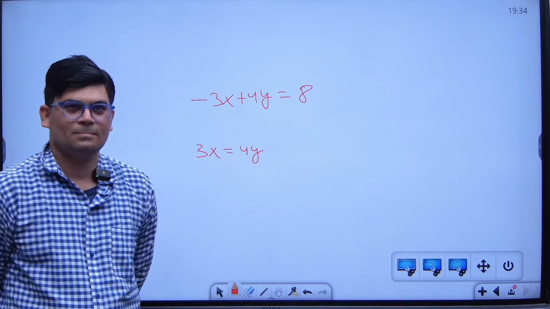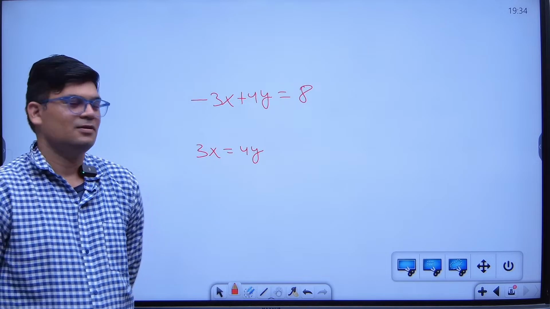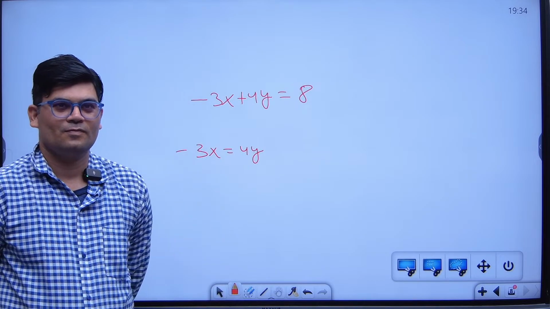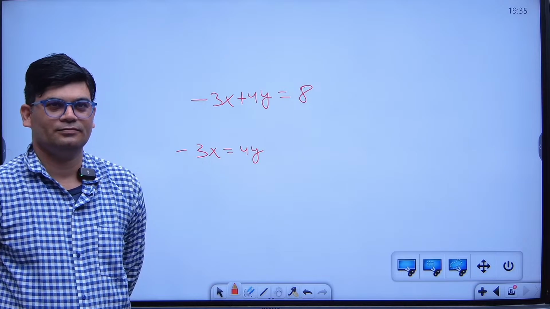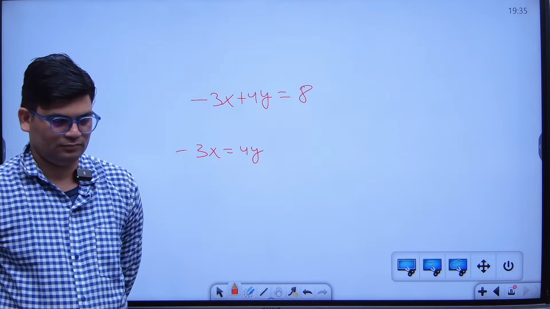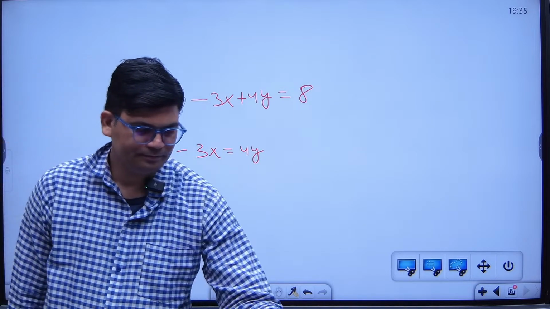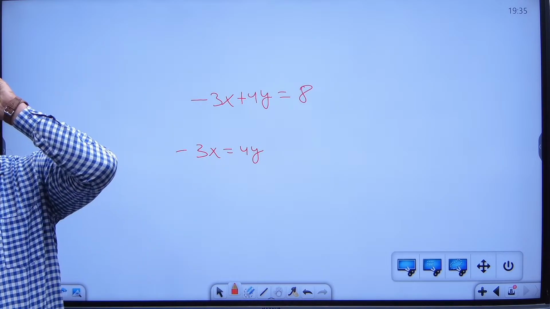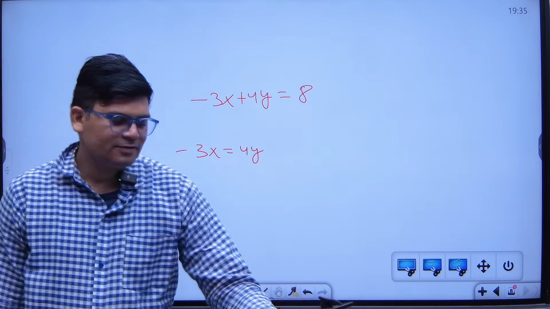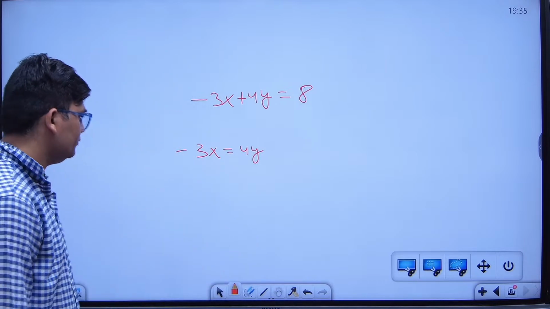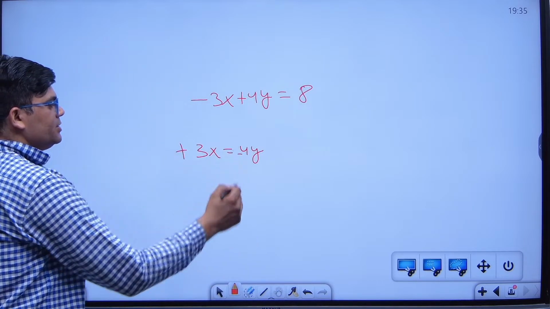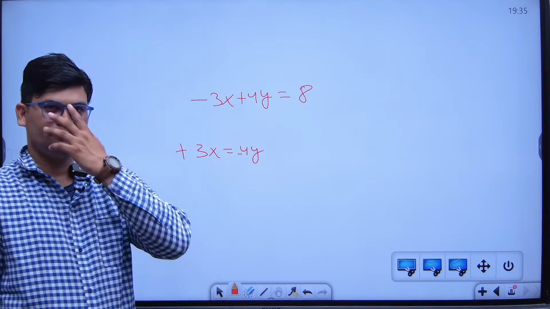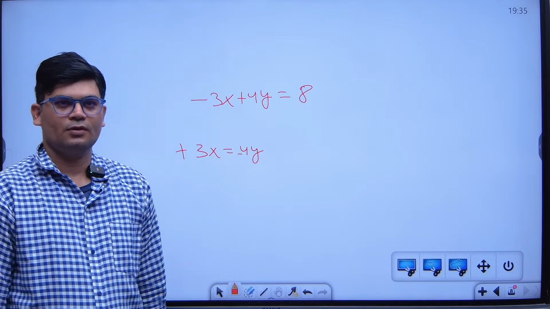Minus 3x is equal to 4y. Minus 3 by 4. If this is plus, this is minus. Minus 3 by 4.